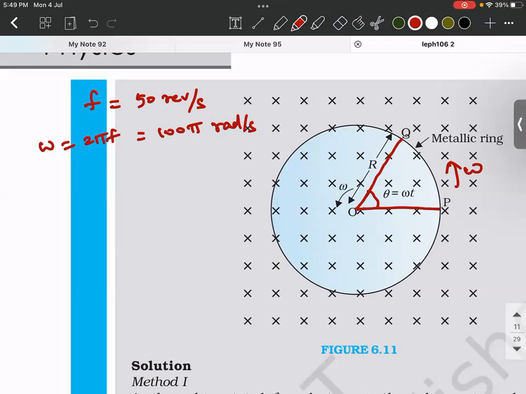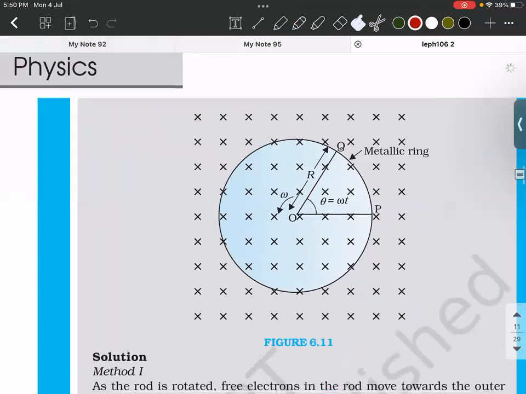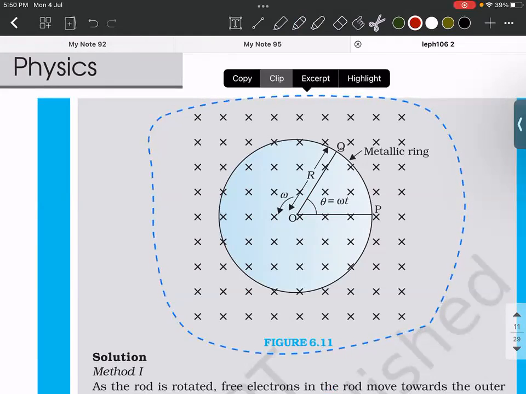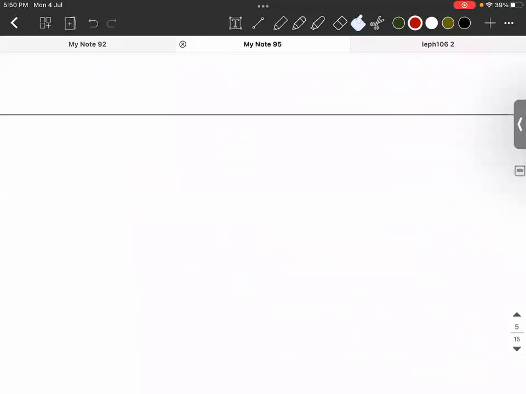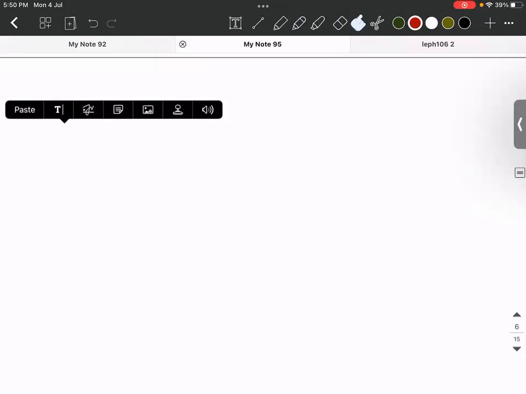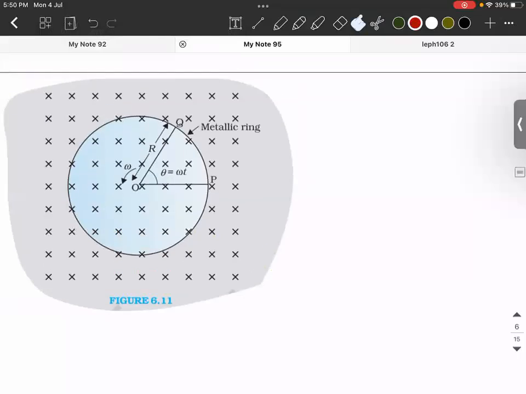Now, what is the small amount of flux that will get generated?